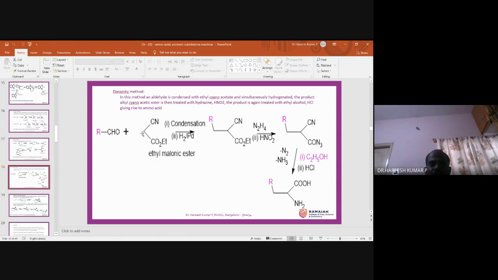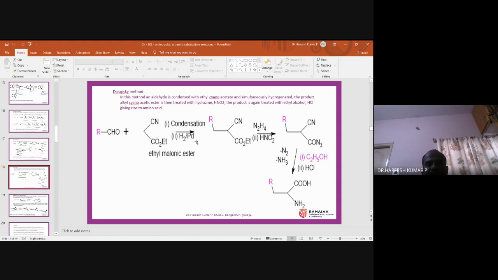Condensation means removal of two hydrogens present here and oxygen goes out as water, forming a new bond between this carbon and this carbon as a double bond. So that double bond is reduced to a single bond when it is treated with hydrogenation in presence of palladium. So this is nothing but a condensation followed by hydrogenation.